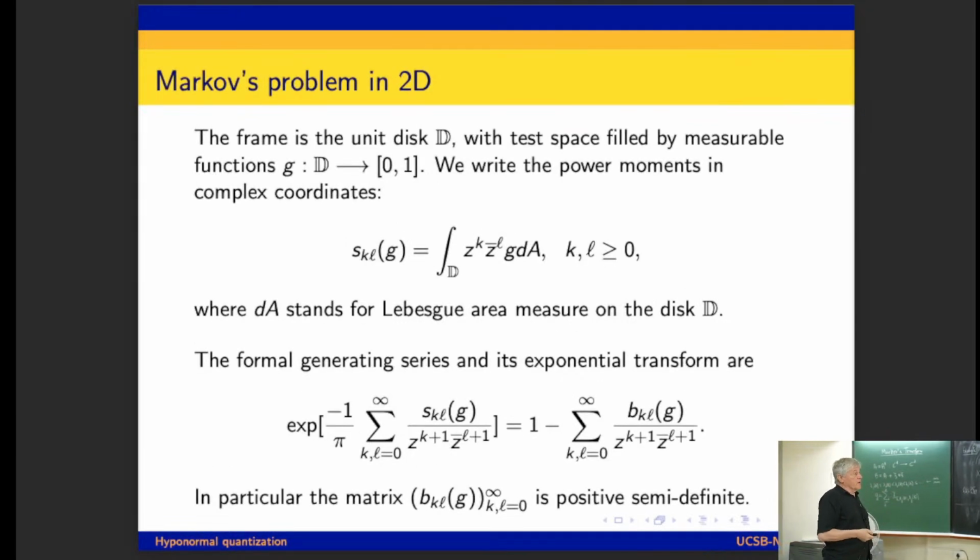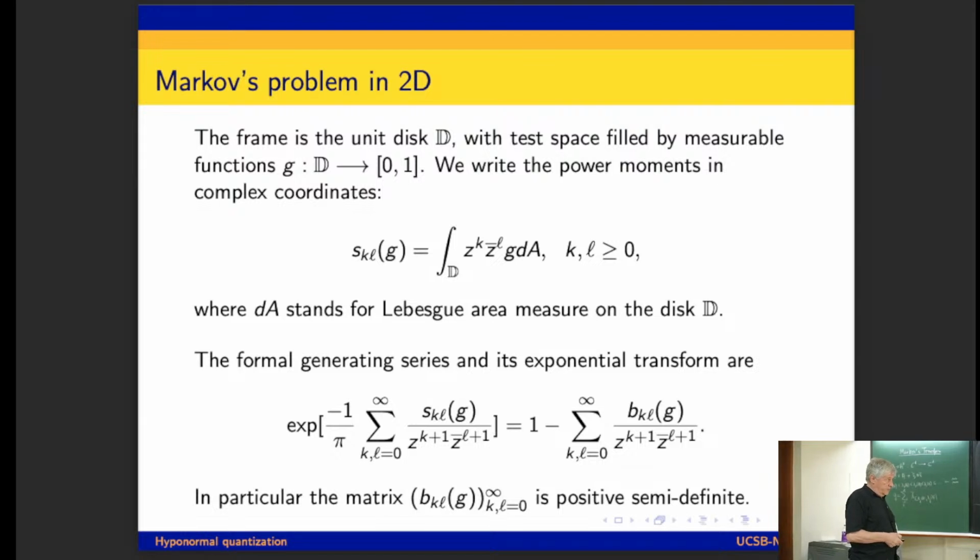And the Markov problem now. Take the moments of this shade function. Let's say we work in the unit disk just for convenience, and transform them according to the Markov recipe with the exponential.